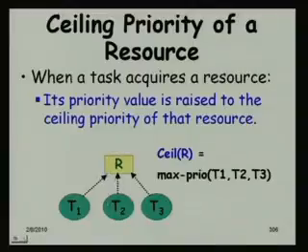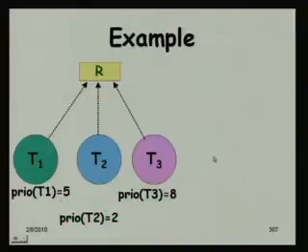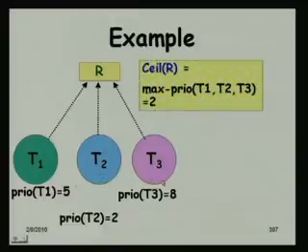So, this is the situation where resource R is being used by tasks T1, T2, T3. R will be associated with a ceiling, which is the maximum priority of T1, T2, T3. Just as an example, say the priority of T1 is 5, the priority of T3 is 8 and the priority of T2 is 2, and assume that the lower the priority value, the higher the priority.